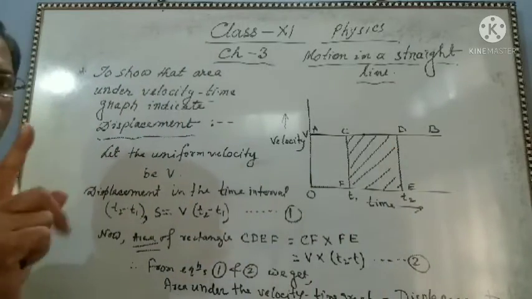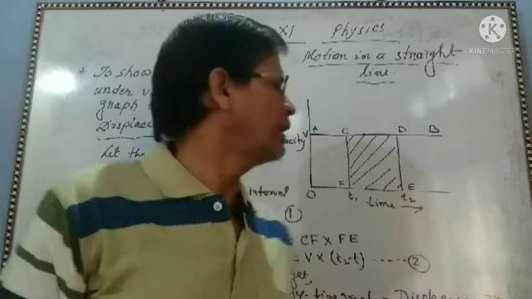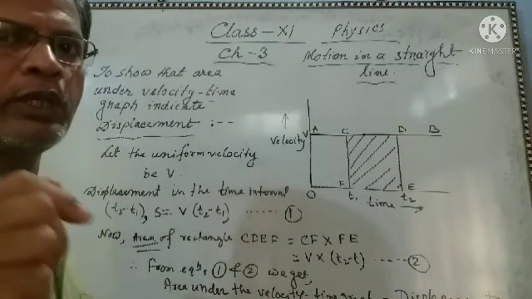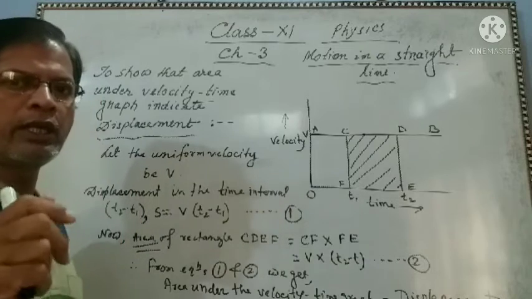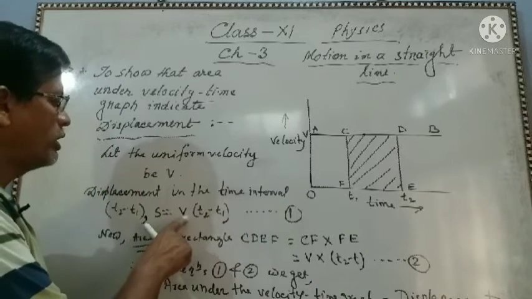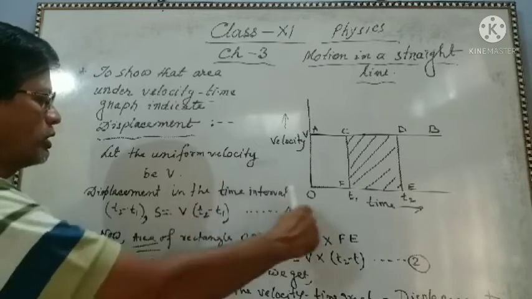What will be the displacement of the body in the time interval t2 minus t1? In case of uniform motion, distance equals speed into time, or velocity into time. So this is equation 1.